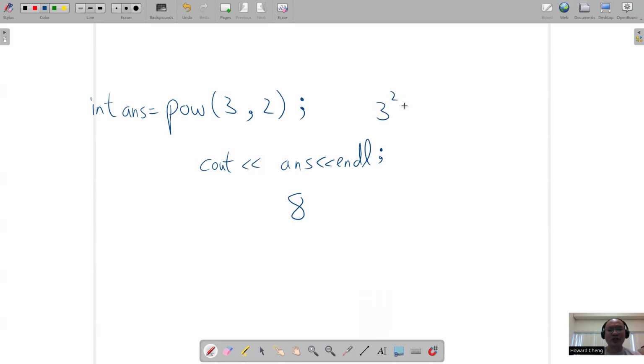Because 3 squared, even though it's supposed to be 9, returns a floating point value, and this function happens to return 8.999 whatever that day on that particular machine, which when I convert it into an int and store it, drops the fraction and becomes 8. So I couldn't figure out why my code was losing one once in a while. And that was the reason.